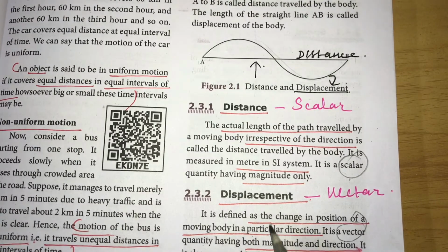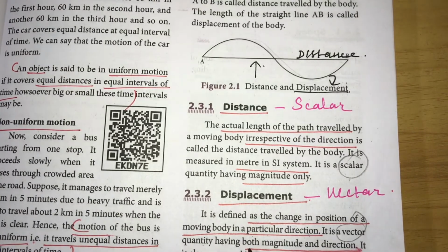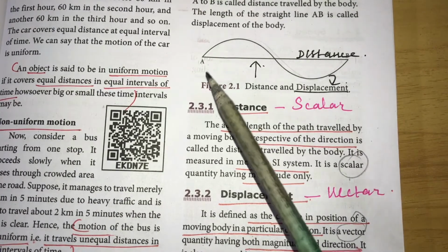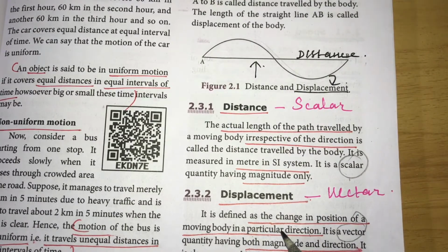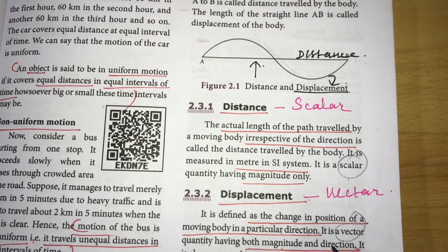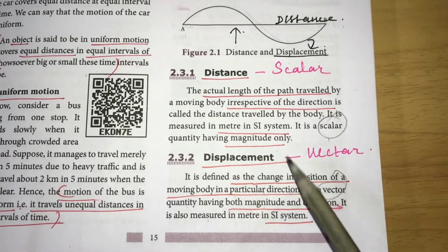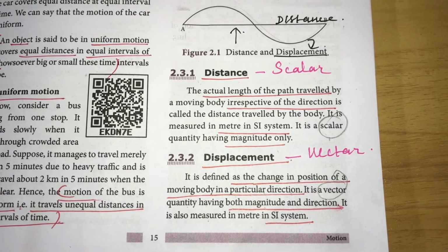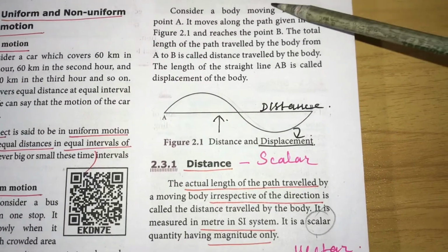So displacement is defined as the change in position of a moving body in a particular direction, as it possesses the initial and final positions, and also the direction. So displacement is a vector quantity, as it possesses both magnitude and direction. Here also the unit of displacement in SI system is meter. So this is the definition of distance and displacement.